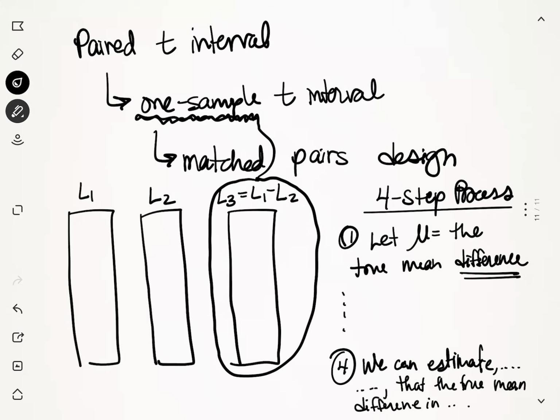So make sure that you say true mean difference in a paired t interval. Otherwise, your conclusion will be set up for just a 1 sample t interval, and you could lose credit on that, okay?